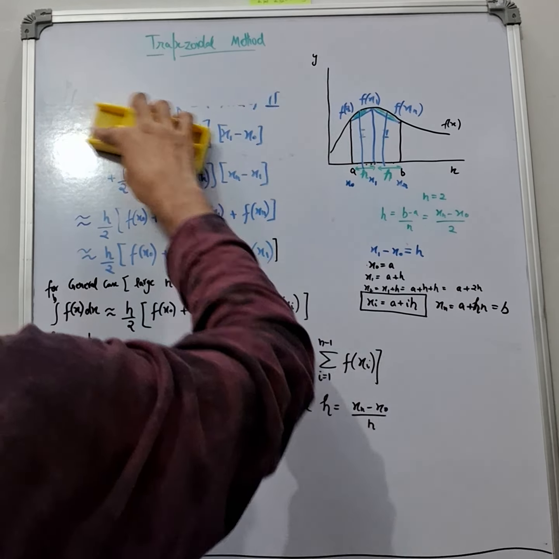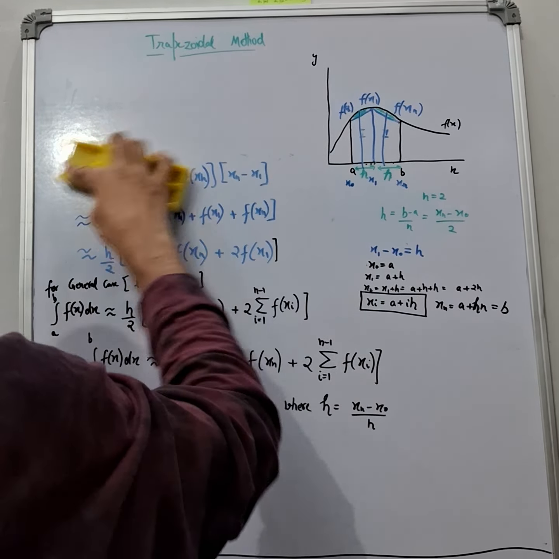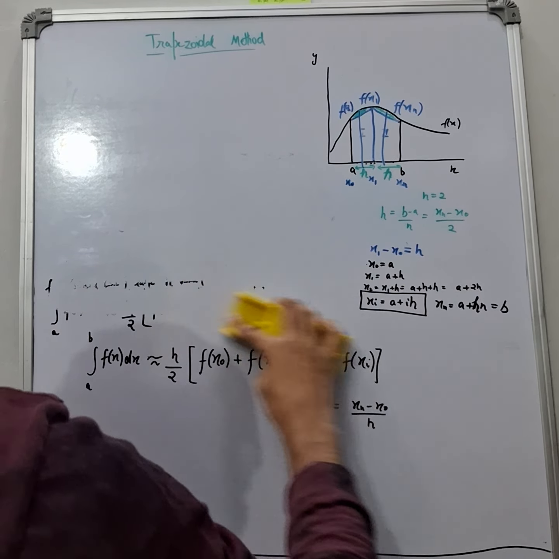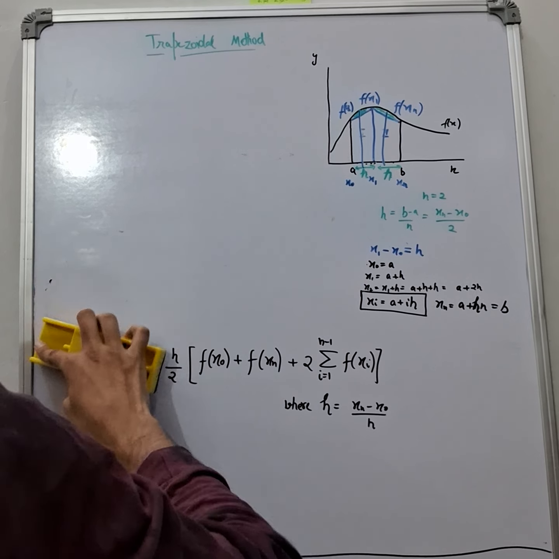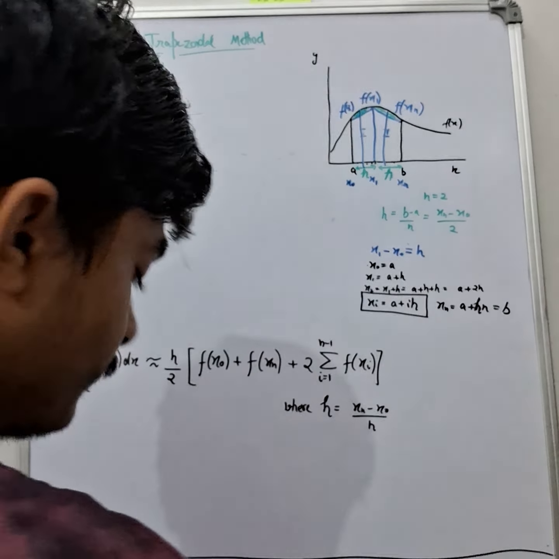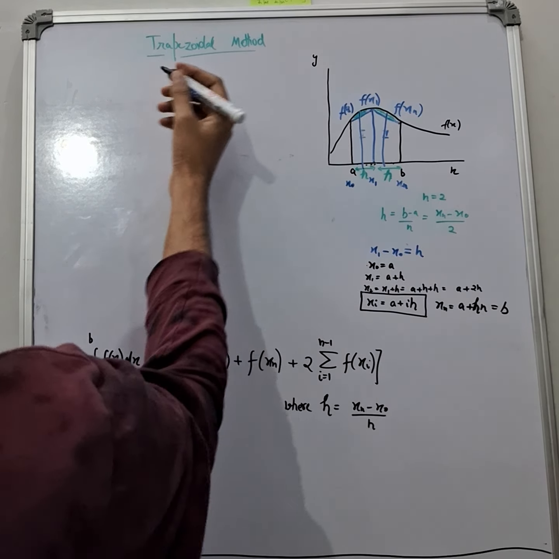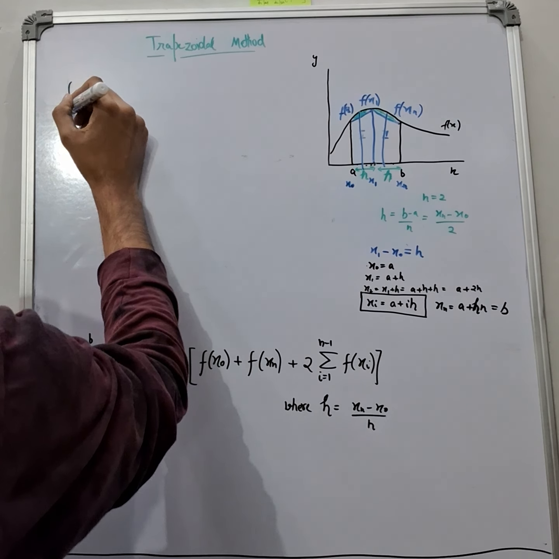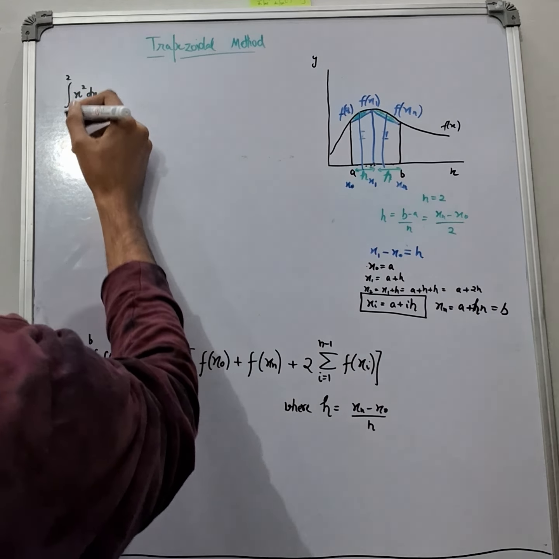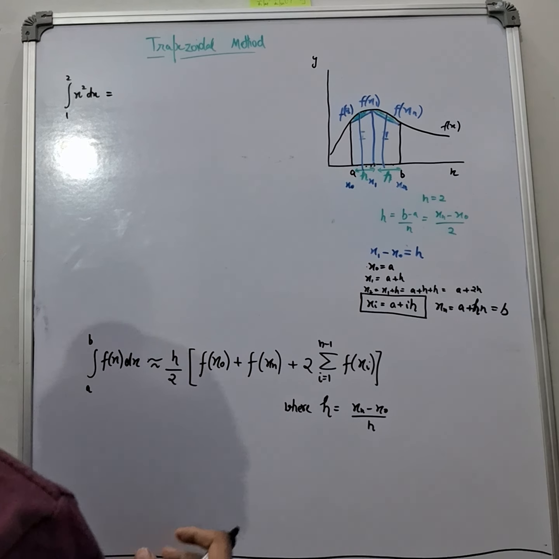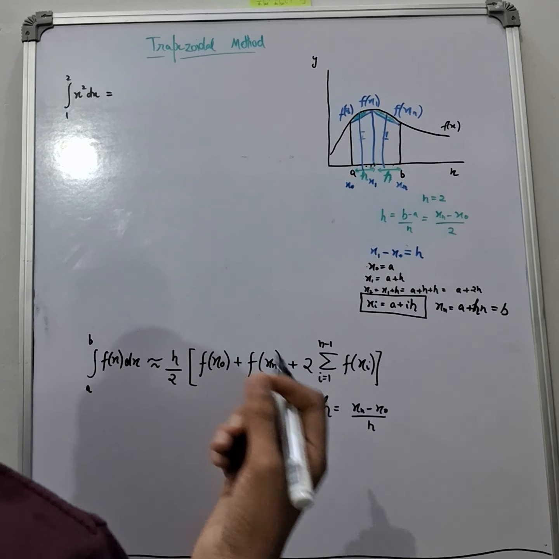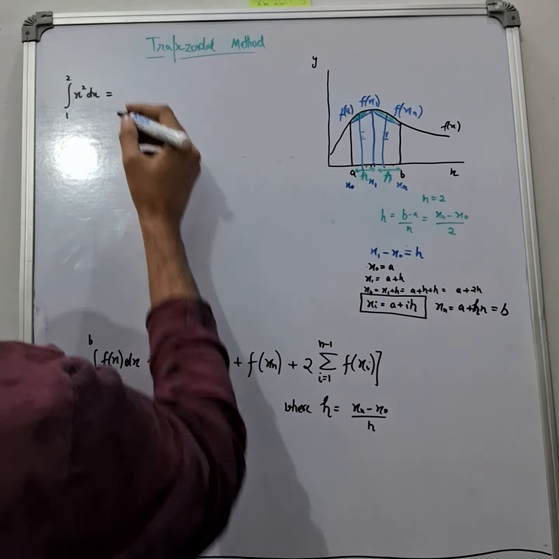First let's take x squared, a very simple function, from 1 to 2 just for simplicity. You can take complex functions which are hard to solve by hand analytically and then try this method.